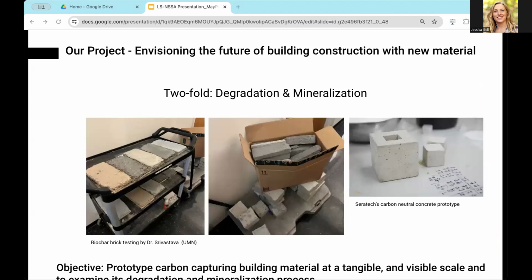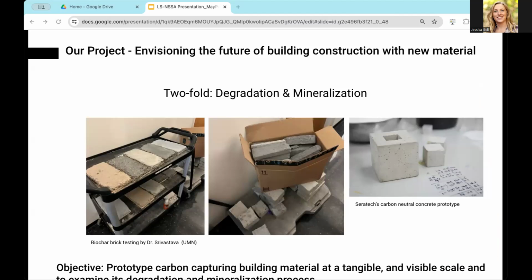So our project will be envisioning the future of building construction through this new material, and it has two aspects to it. First, we want to be able to see the degradation of the material, and we want to see the mineralization process of it.